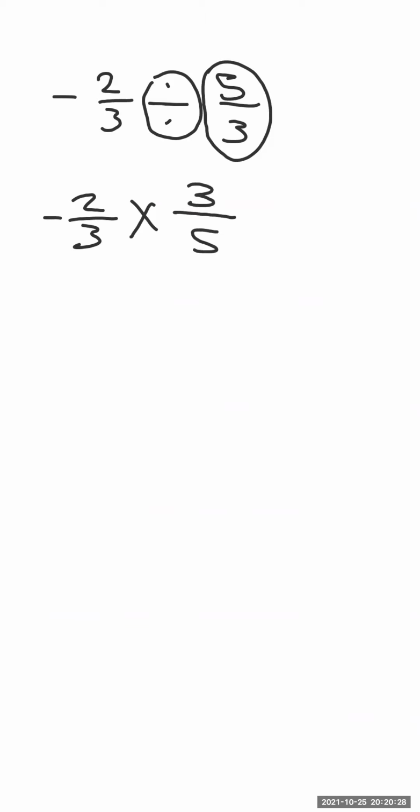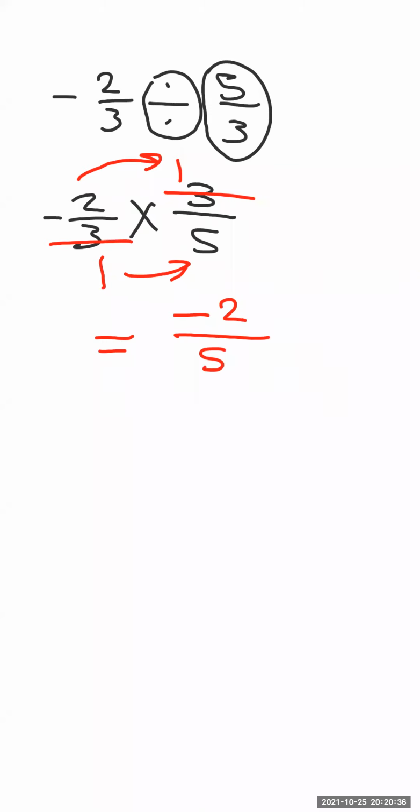Now, before multiplication, I can simplify 3 and 3. So now 1 and 1. -2 times 1, -2. 1 times 5, it will equal 5. That's it. So nothing new here, guys. We just change the division into multiplication and flip the number. That's it. Nothing more.